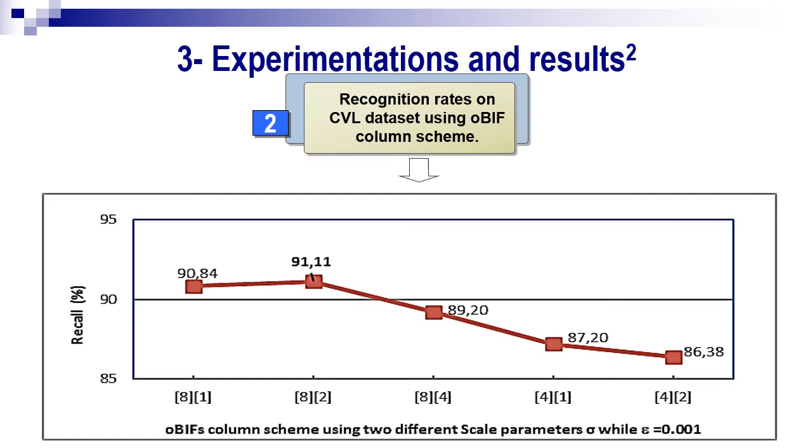We can note that the best OBIF columns scheme gives the best recognition using two different scales, sigma equal 8 and sigma equal 2, while epsilon equals 0.001.